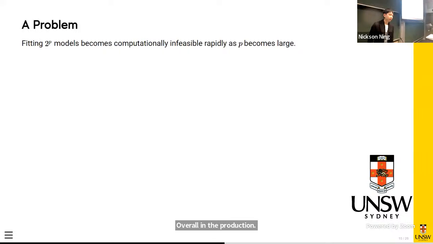Okay, so there's a problem with this whole full subset selection approach, and it's a pretty big problem. If you have a lot of covariates, then you have to fit 2 to the power of p models, and this becomes computationally infeasible.